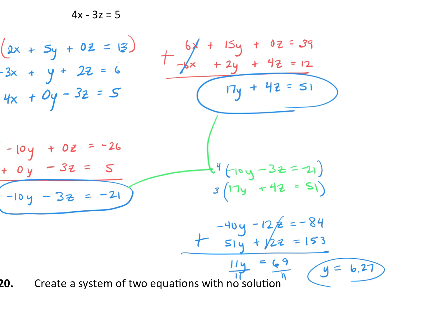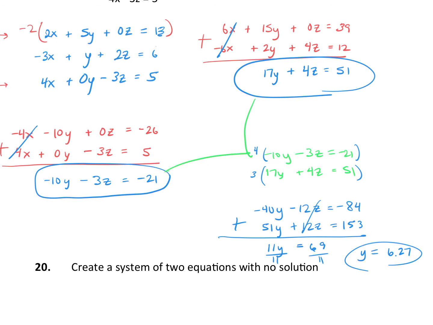All right, so we got our y. Once you have one variable, to get any other variable, you're just going to go back one step. So I want to go back to an equation that has a y and only one other variable. I can choose this equation right here, or I can choose this equation right there. Maybe I'll choose this one over here because I have a little bit of space below to work on that. So I'm going to plug in 6.27 for the y, which will allow me to solve for z.